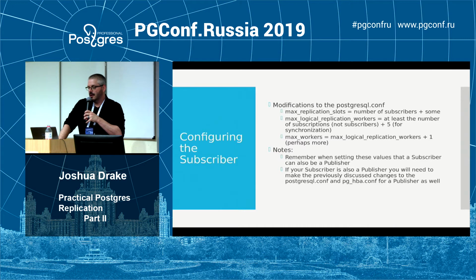Modifications to the postgresql.conf. Max replication slots equals the number of subscribers plus some. Max logical replication workers equals at least the number of subscriptions, not subscribers. Remember, a single subscriber could have 50 subscriptions, plus 5 for synchronization.